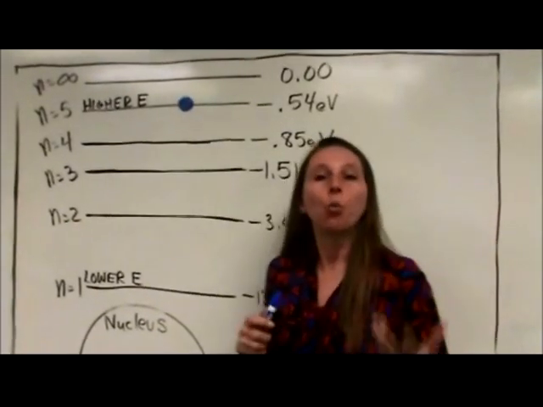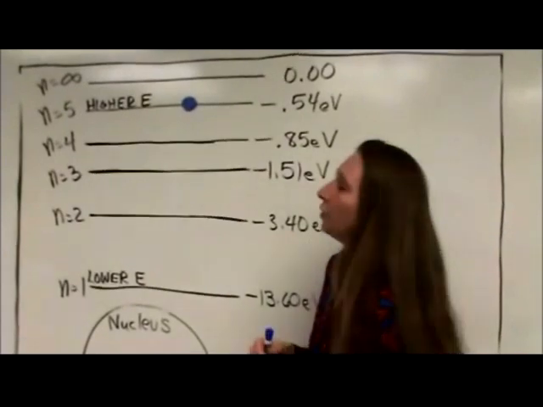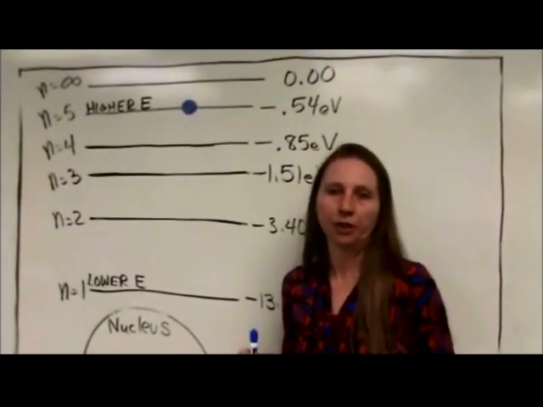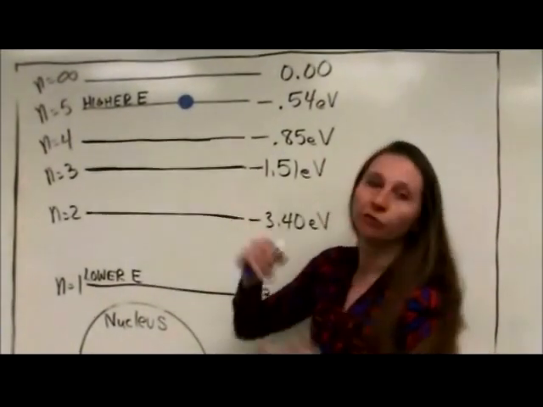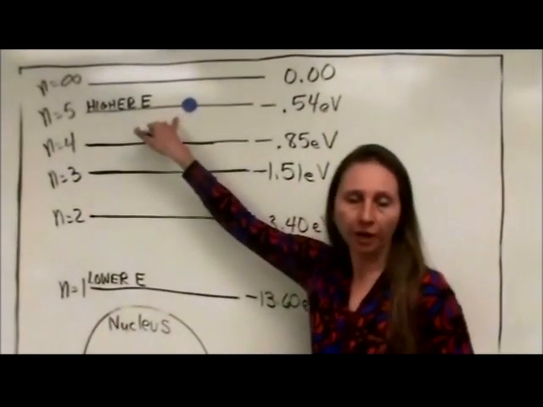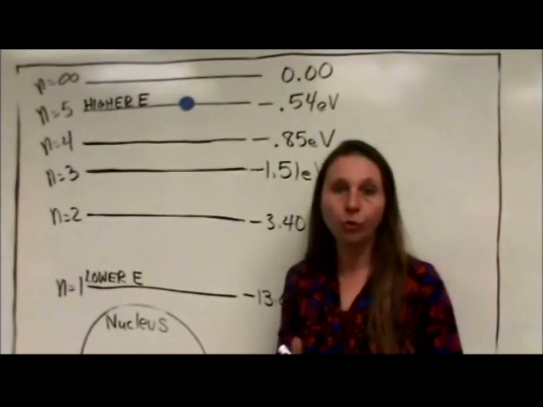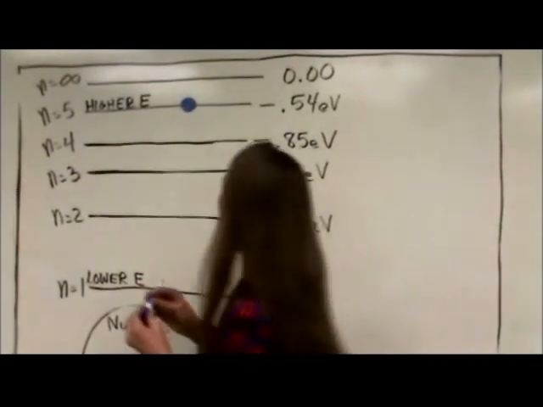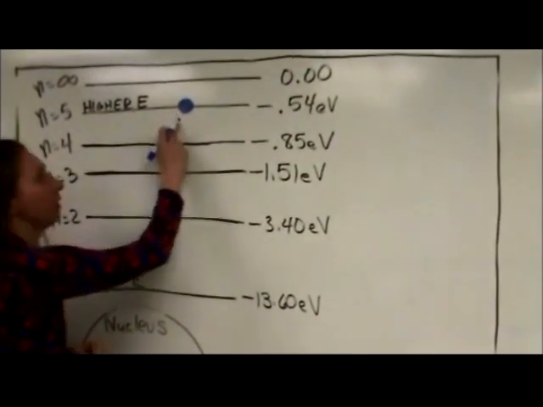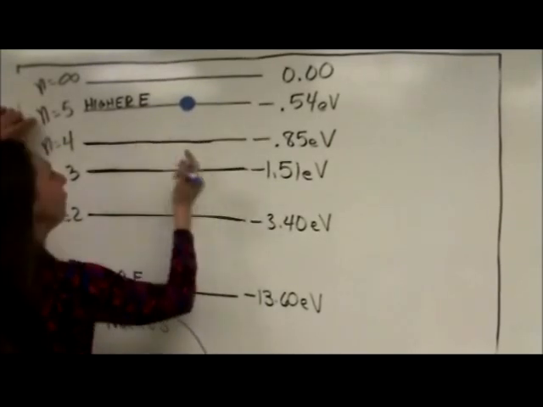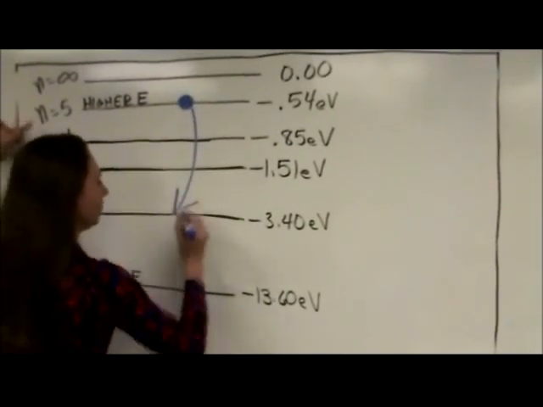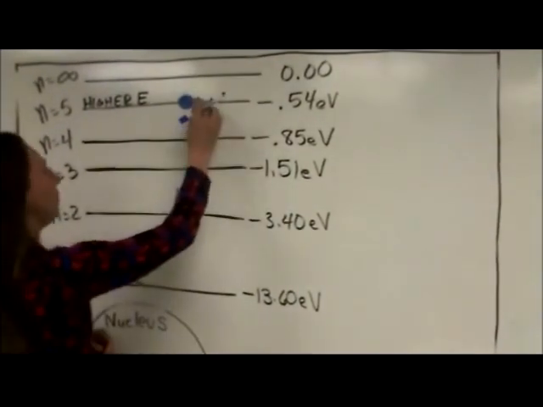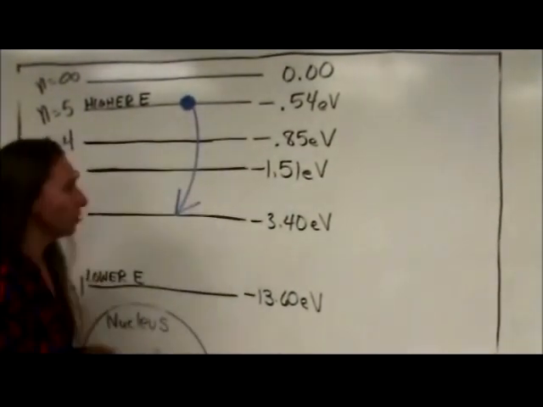Now, what about an electron that is going to emit energy, that is going to lose energy? An electron that is going to fall from a higher energy level down to a lower energy level. Let's have this excited electron up here fall from n equals 5 down to n equals 2. Right? It's going to fall from n equals 5 to n equals 2.